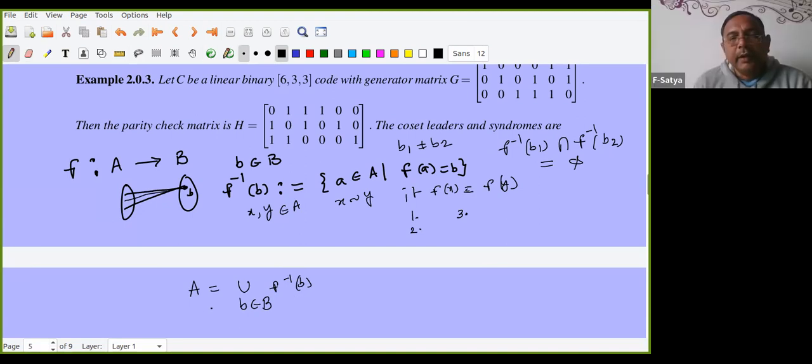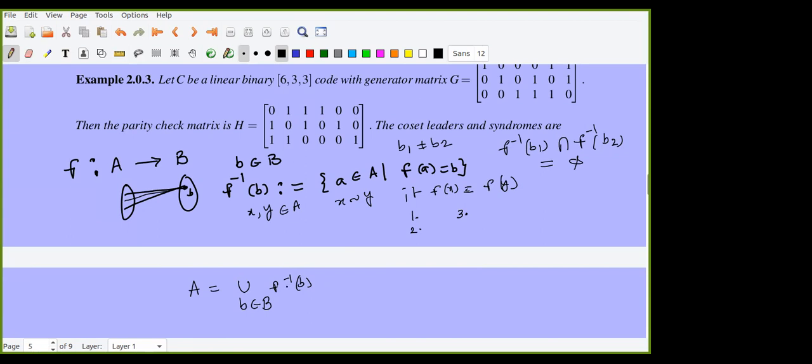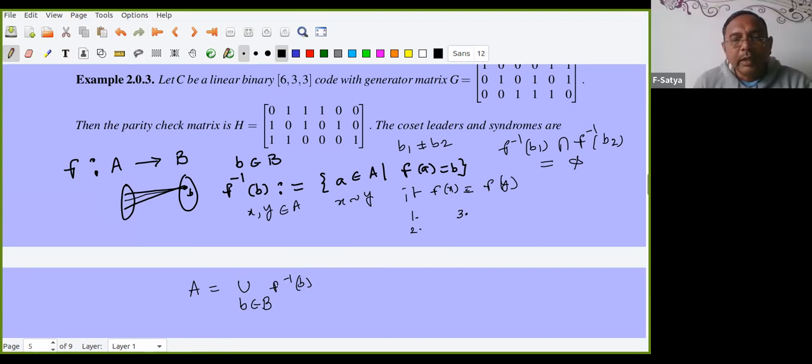It partitions A, their pairwise intersection is empty, and the union is equal to A. F inverse b is empty when b is not in the image of f. So empty is also not a problem, but if f is onto, then these are all non-empty and their union equals A. That is exactly what happens in the syndrome function also. That is what I want to convey.